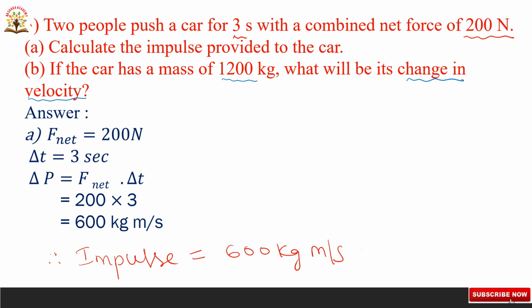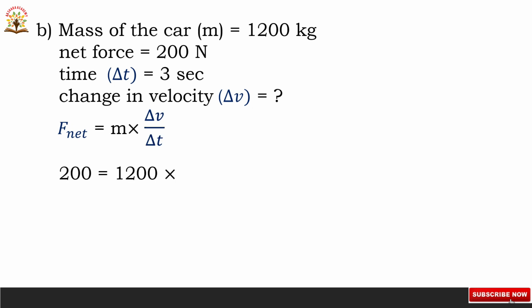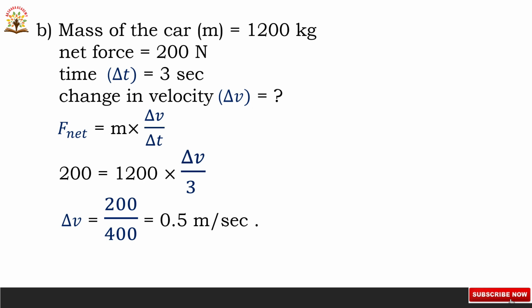Next we have to calculate the change in velocity. The mass of the car is 1200 kilogram, the net force is 200 newtons, and time delta t is 3 seconds. According to Newton's second law of motion, F = ma, that is F net is 200, m is 1200, and delta v we have to calculate, with delta t as 3 seconds.